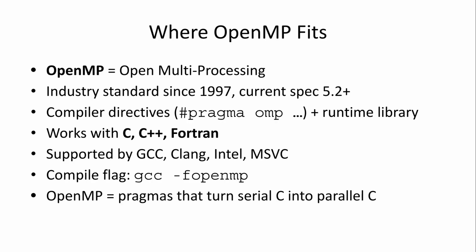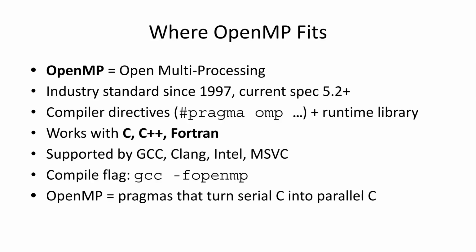OpenMP supports C, C++ and Fortran natively, and many compilers such as GCC, Clang, Intel and Microsoft Visual Studio, and many more, support OpenMP. On GCC, how do we compile?